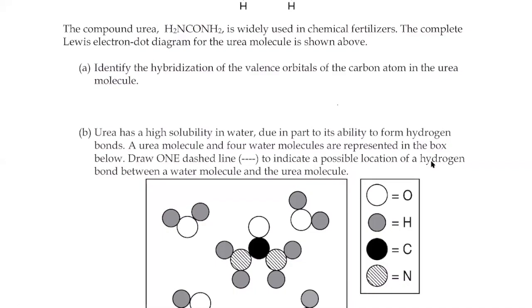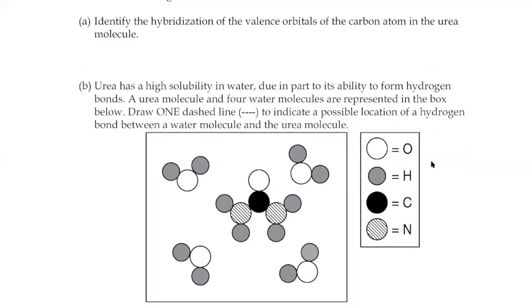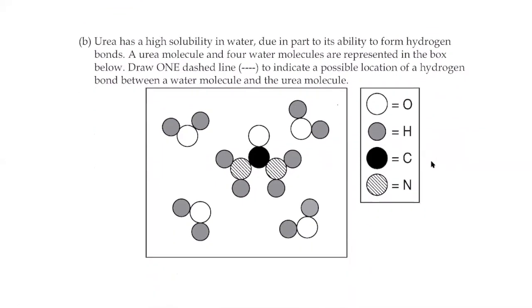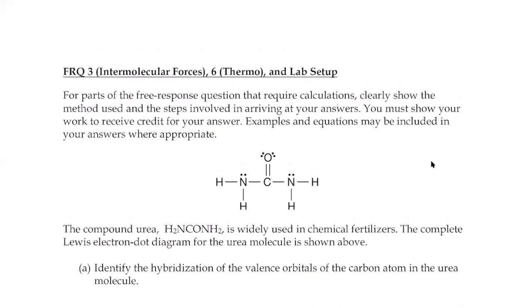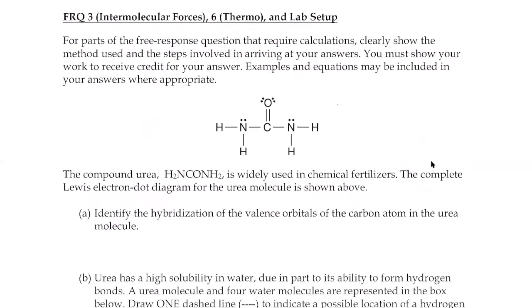It wants you to think about hydrogen bonding. So if this was your test, it's not going to have you actually draw it, but it might ask you to describe where you would draw it. So it's like, I would draw a line between here and here, something like that, right? So I'll have you look at A and B, and you guys do that A and B. And we'll put answers up in just a second.